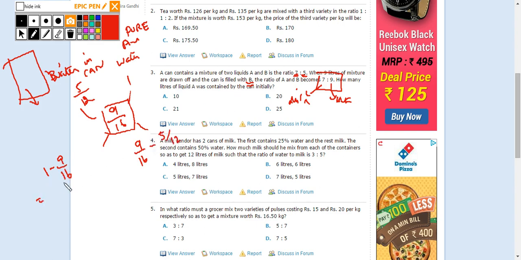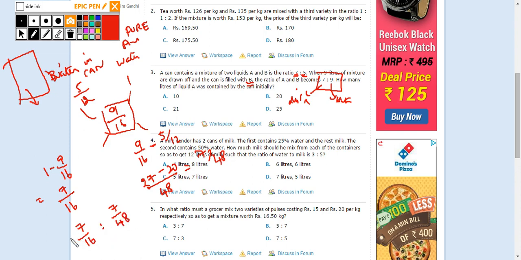This will come to 7 by 16, and this will come to 7 by 48. Okay, this is the ratio I'm getting. The one is 7 by 16 and another is 7 by 48.